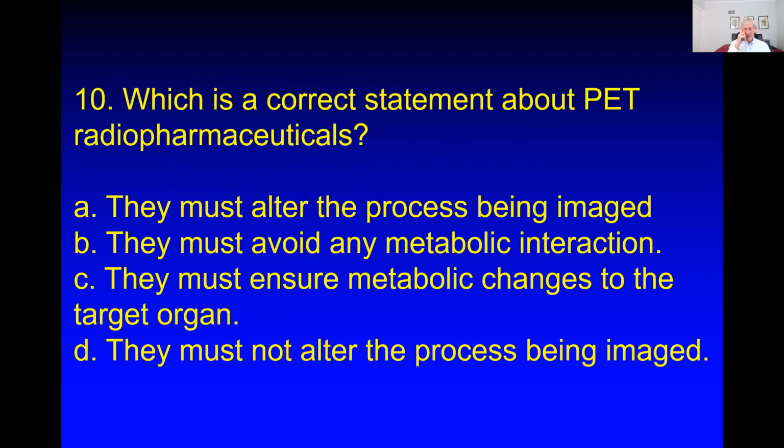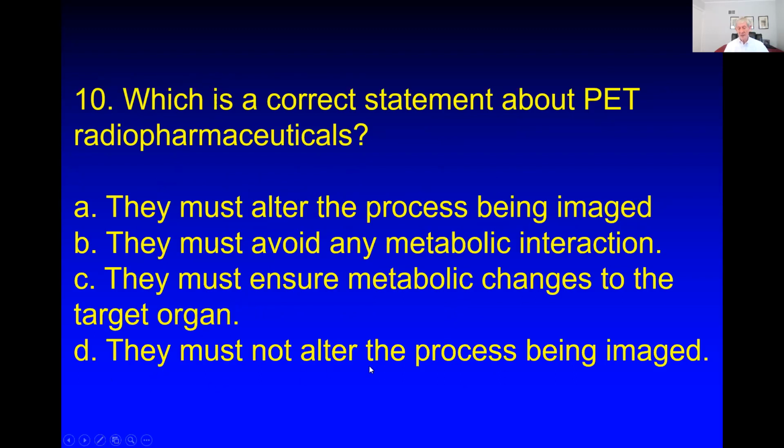Which is a correct statement now about PET. Now, this is a question right off of an exam. So I'm going to let you read through these and tell me which one of those is correct. Anyone? Is it D?